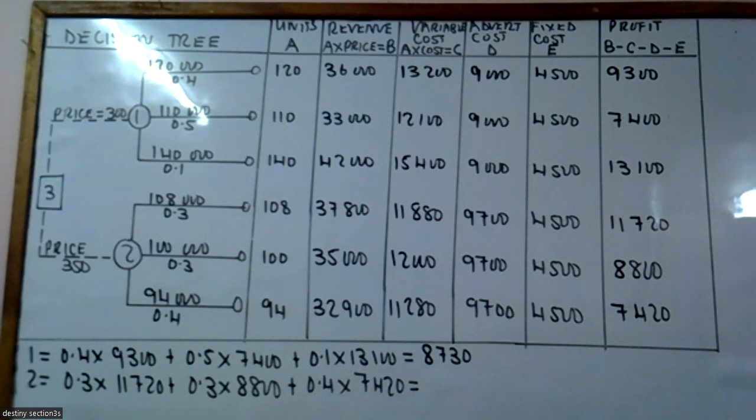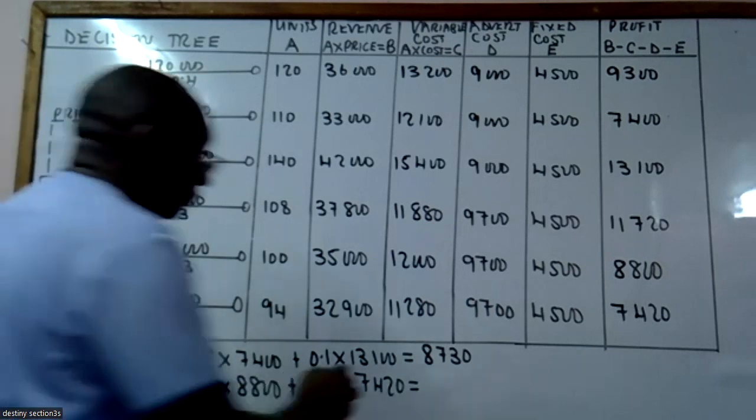So this is 0.3 times 11,720 plus 0.3 times 8,800 plus 0.4 times 7,420. It's 9,124.